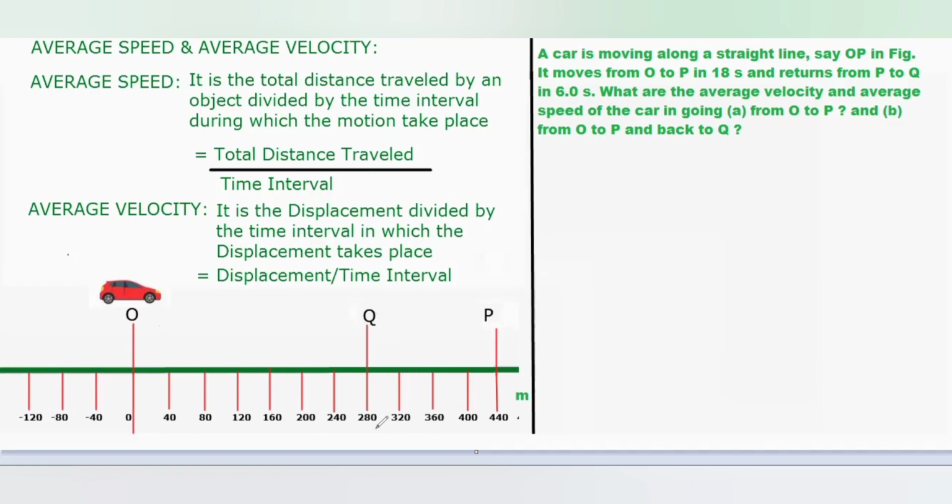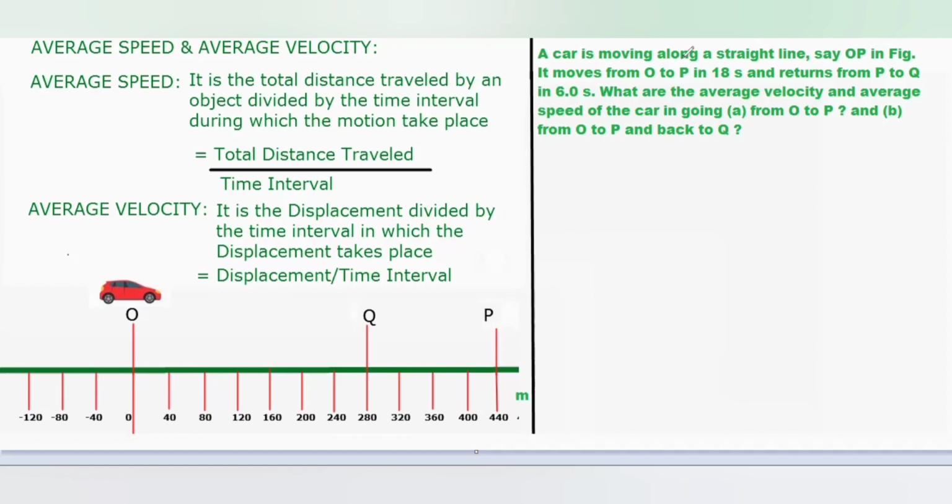Q is at 280 meters from the origin in the positive x direction. So here there is a car, an object, initially at the origin. From the origin, it is going to move towards the positive x direction.